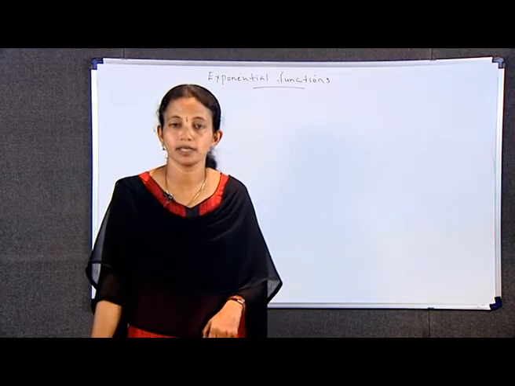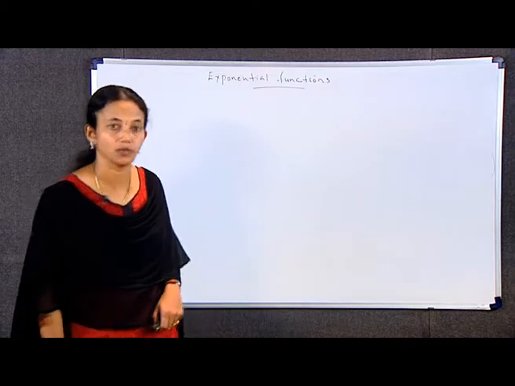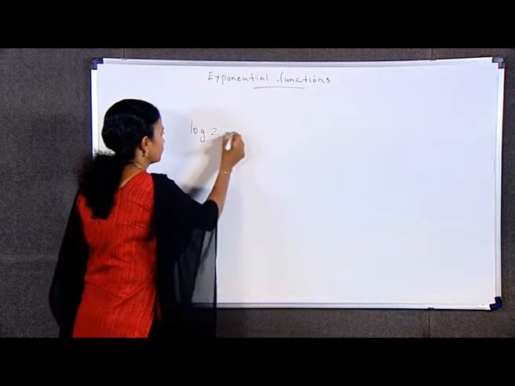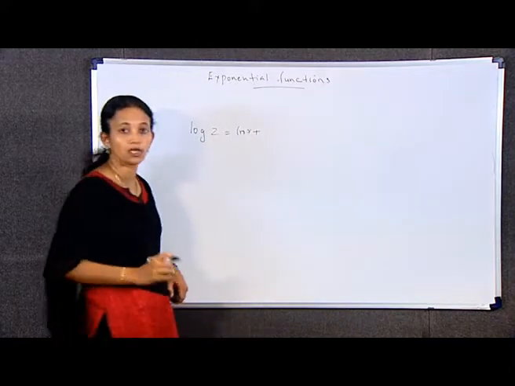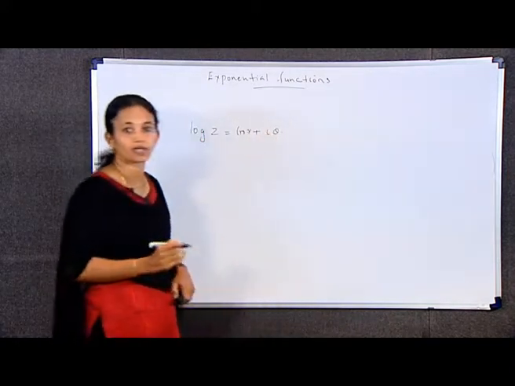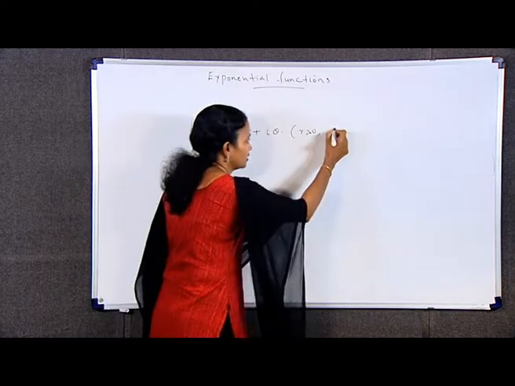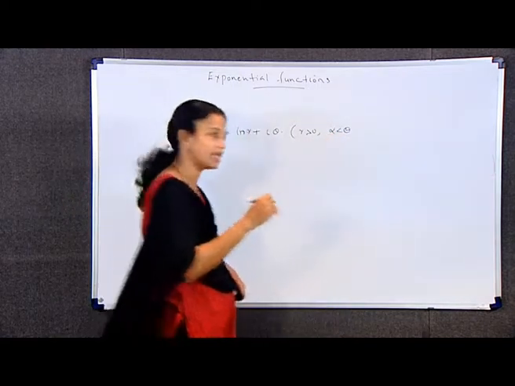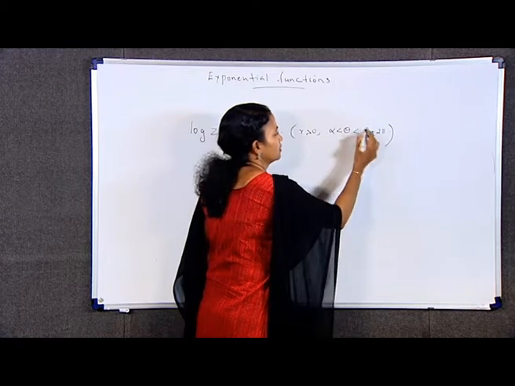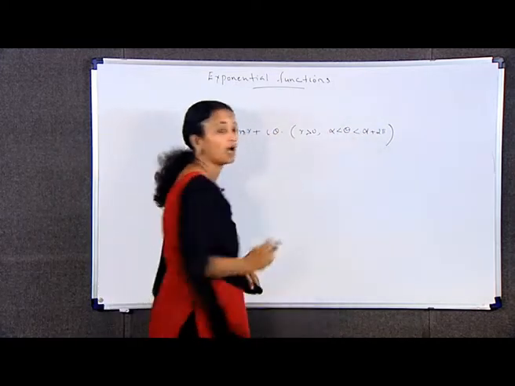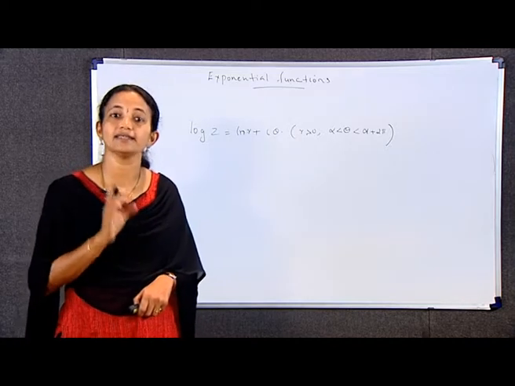If z is equal to r e raised to i theta and alpha is any real number, the branch log z is equal to ln r plus i theta, where r greater than 0 and alpha less than theta less than alpha plus 2 pi, that is, here theta varies from alpha to alpha plus 2 pi, of the logarithmic function is single valued and analytic in the indicated region.